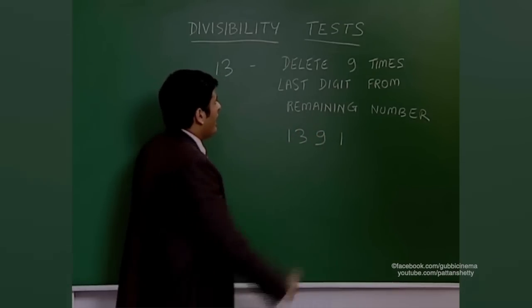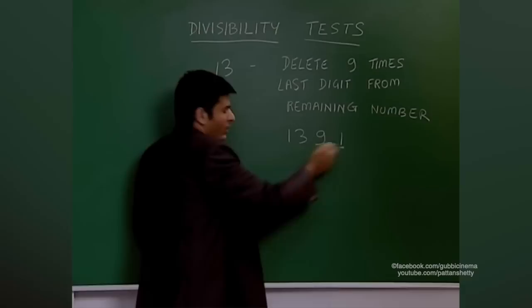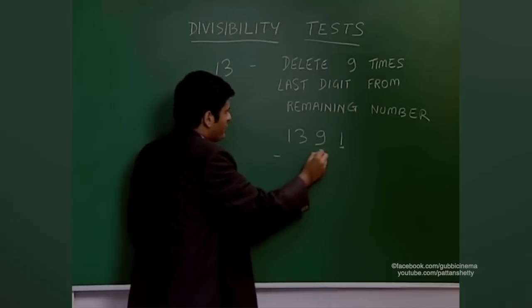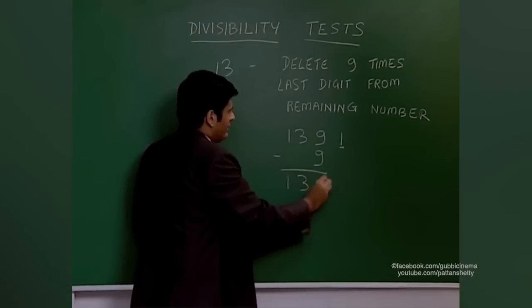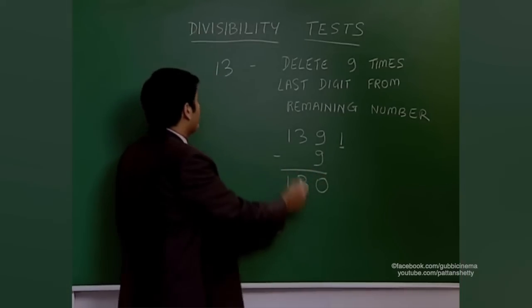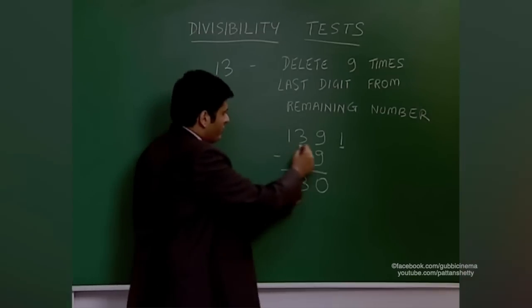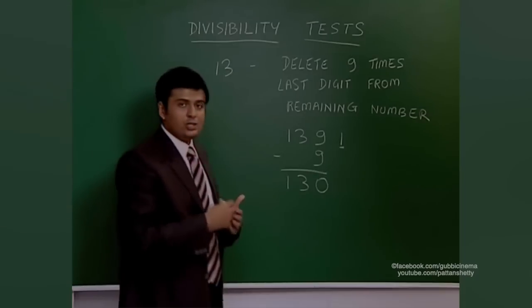Then I have to delete 9 times the last digit. 9 times 1 is 9, from the remaining number. So from 139 I subtract 9. The remainder is 130. Since 130 is divisible by 13, I can presume 1391 is also divisible by 13. So we have seen the test of 13.